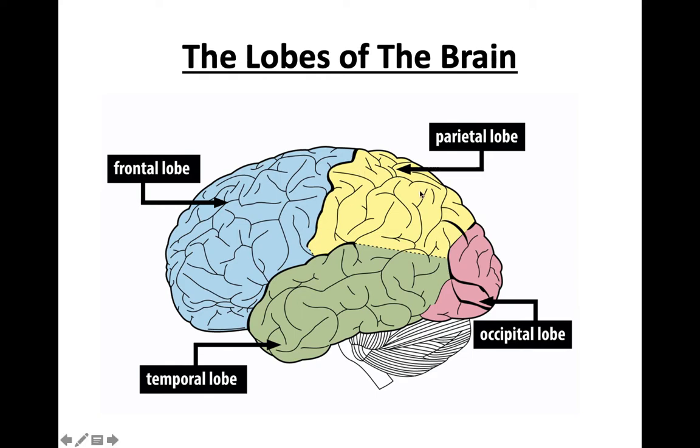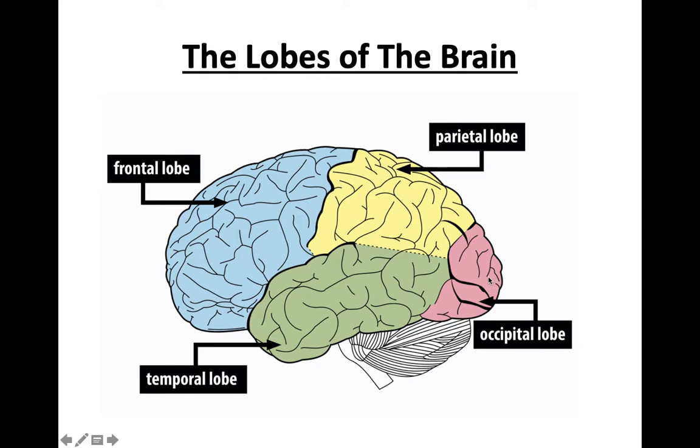The parietal lobe is associated with touch and taste. The temporal lobe on the side here, sound and smell. And then the occipital lobe is tracking of motion, recognition of face, basically vision.